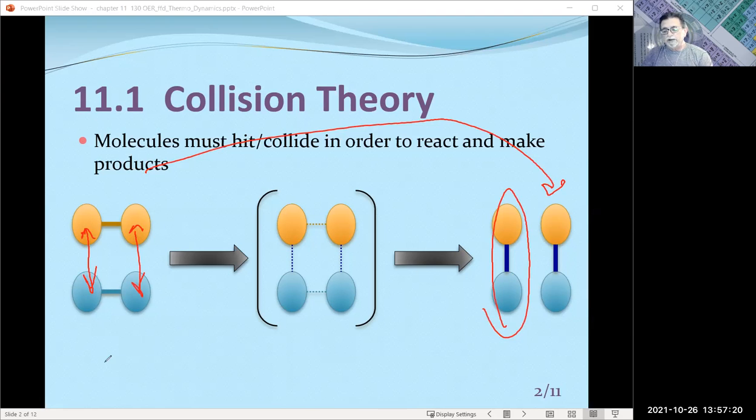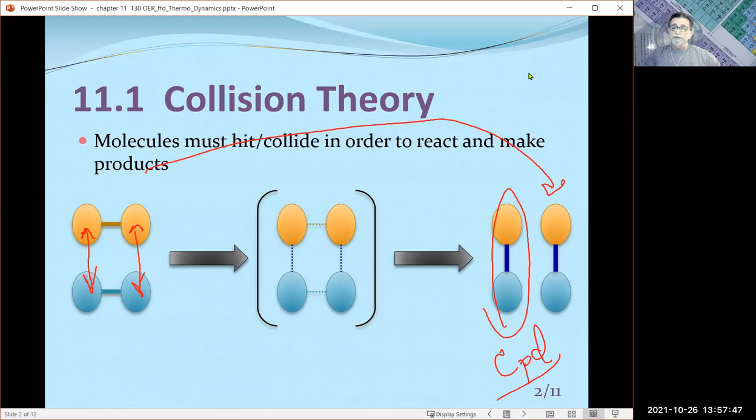We start off with diatomic molecules and we make a compound over here. And they have to come in with the correct orientation and enough energy. That's what we're going to talk about.